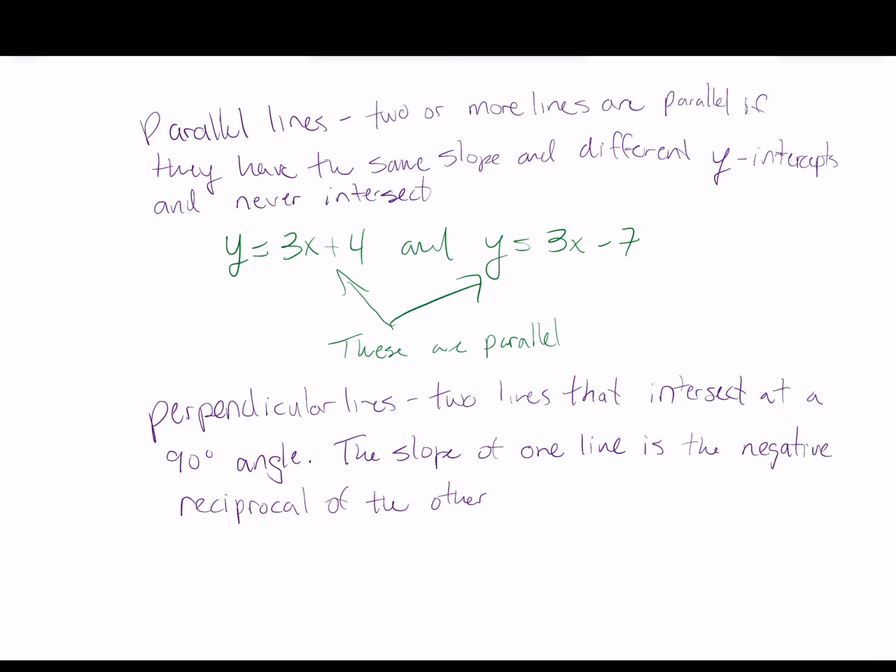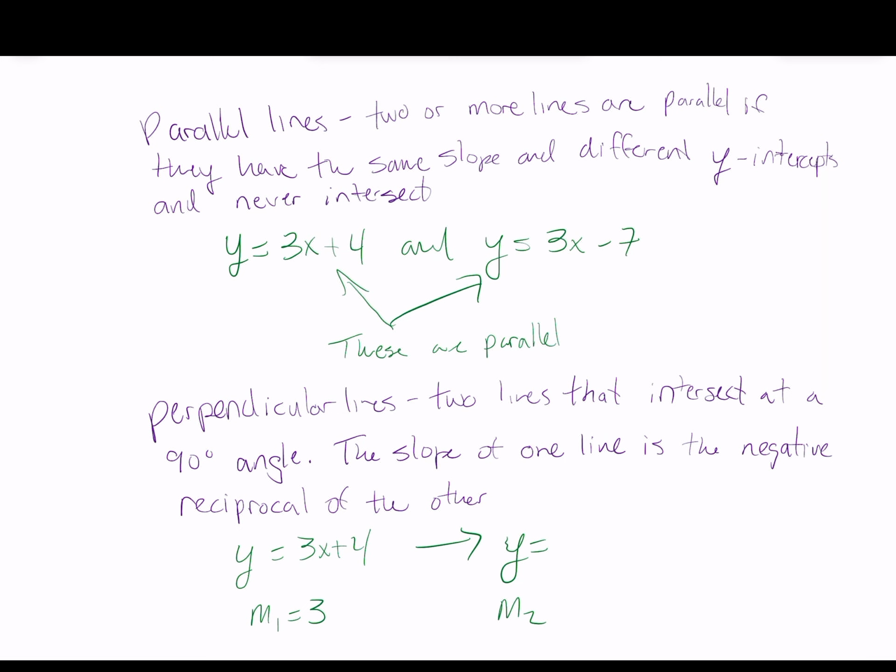What if I have y is equal to 3x plus 4, and I want to find any line that's perpendicular to it? Well, in slope-intercept form, I'll start with y equals. Now the slope of the first line is 3. What does the slope of the second line have to be for it to cross at a 90-degree angle?